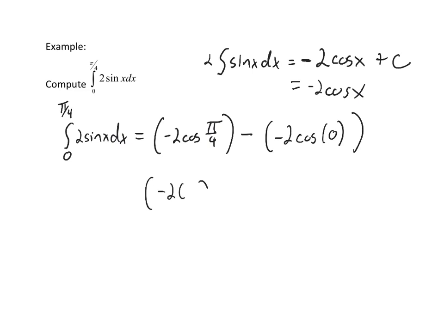That gives us negative 2 times cosine of pi over 4, which we could evaluate with a unit circle and see that that is square root of 2 over 2, minus negative 2 times cosine of 0, and we know cosine of 0 is actually 1. So that gives me negative 2 over 2, which is really negative square root of 2, plus 2. And we can leave that answer like that because we don't have a way to necessarily add those two. So that would be about as simplified as we can make that answer.